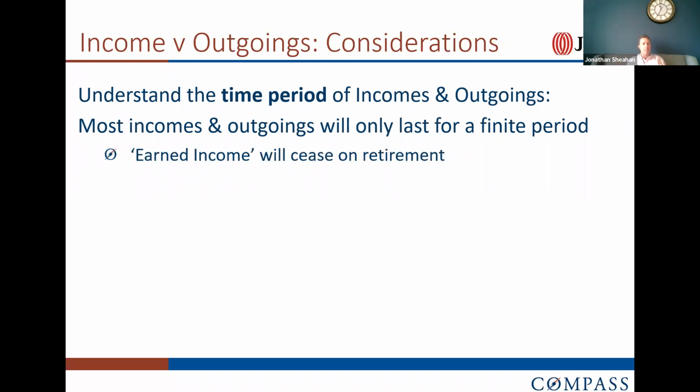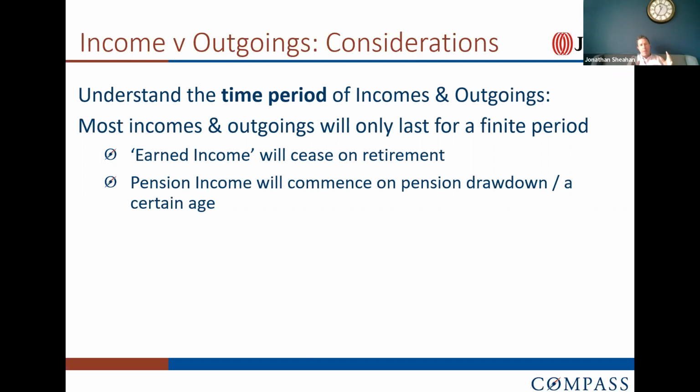So the obvious one is that if you're on this call, you work for JLL, so you're an employee of JLL, and at some stage, unless you're going to work until you're 90 or 95, which is unlikely, your employment will cease on retirement whenever you decide to retire. That could be 65, 70, 60, whatever it might be, but your earned income will cease at some stage, okay?